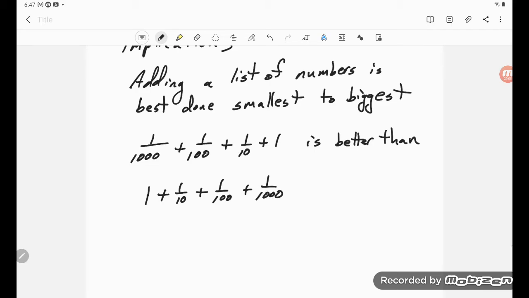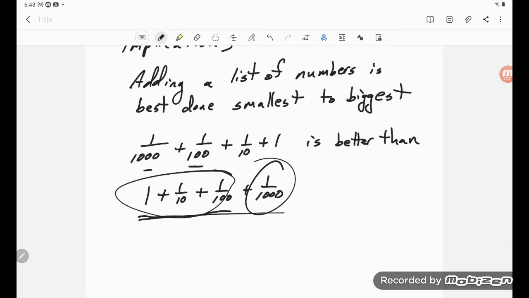Okay, and you can see the issue is that here I'm starting with the smallest and I'm adding something as close as I can to it. So they should do okay when I add them up. But in this bottom one, I'm making a bigger and bigger number, and if this number here is too big, I won't see the result of adding that one to it.